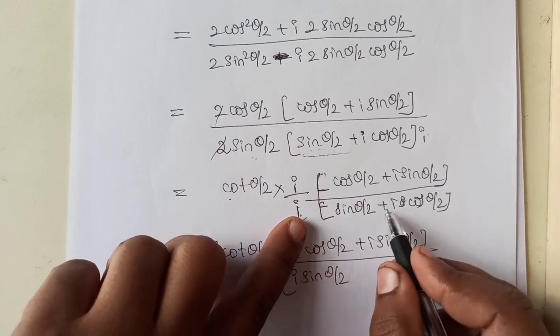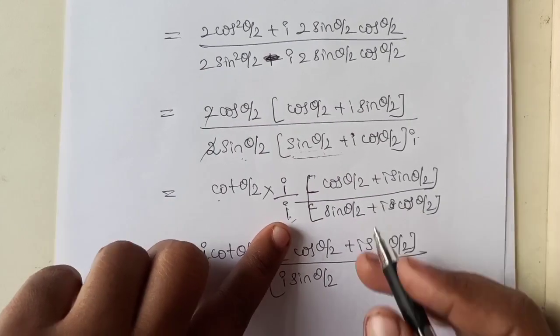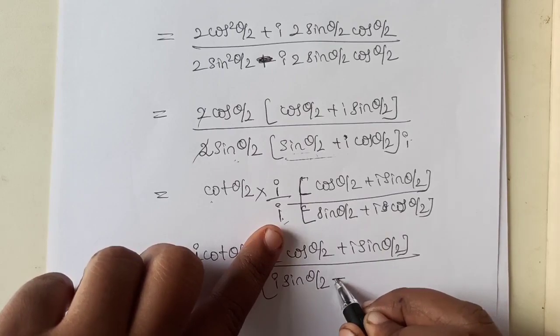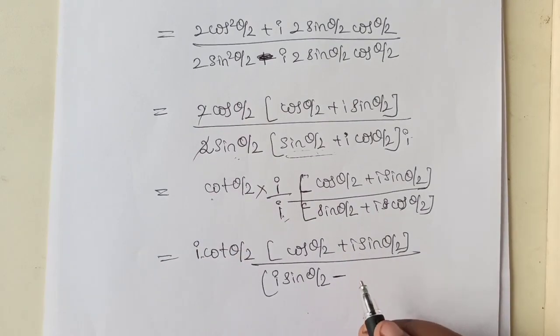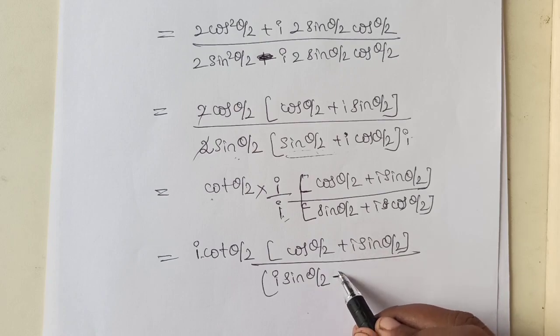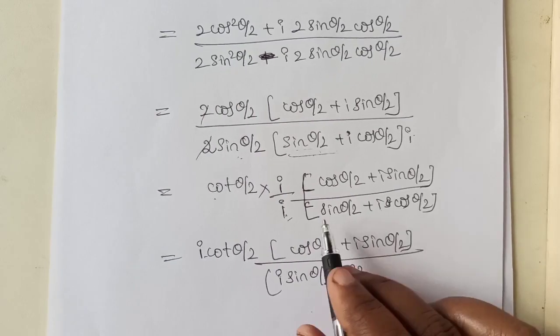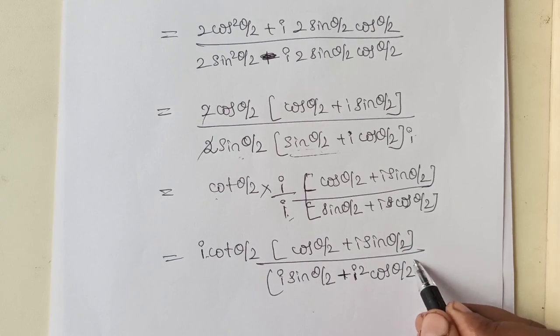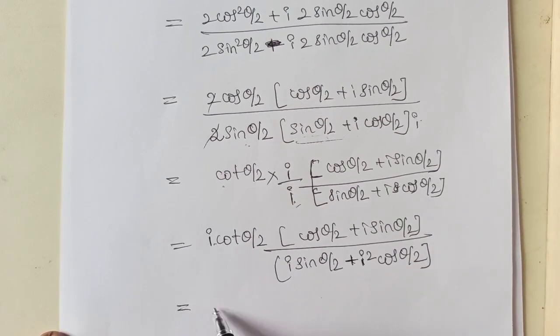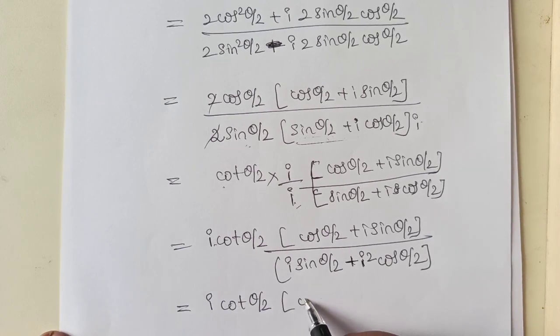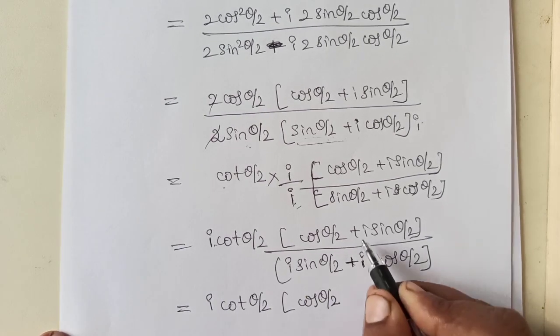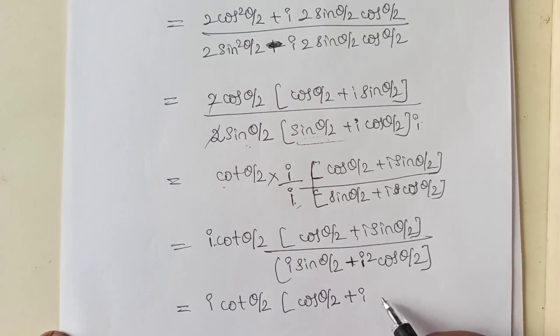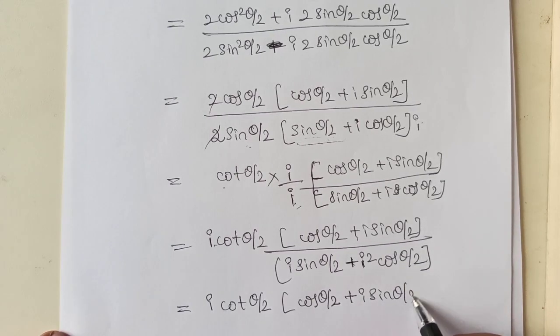Already I is there, I into I is equal to I square, but I square value is minus 1. So this is equal to I cot theta by 2 times cos theta by 2 plus I sin theta by 2.